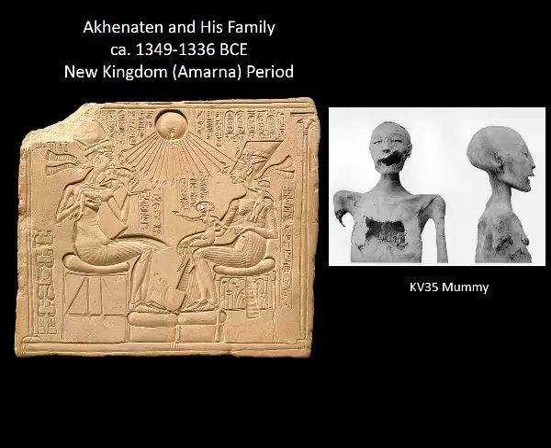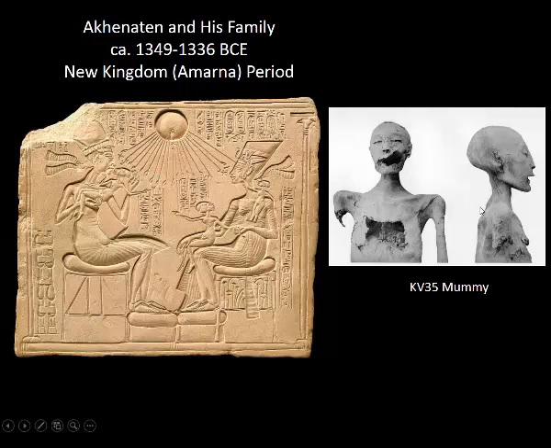The appendages are elongated, and the head becomes misshapen. Also along the line of disease, some people say that these little babies, the princesses, and maybe even Akhenaten, could have suffered from encephalitis, which causes the fluids in the brain to swell and makes the head misshapen.